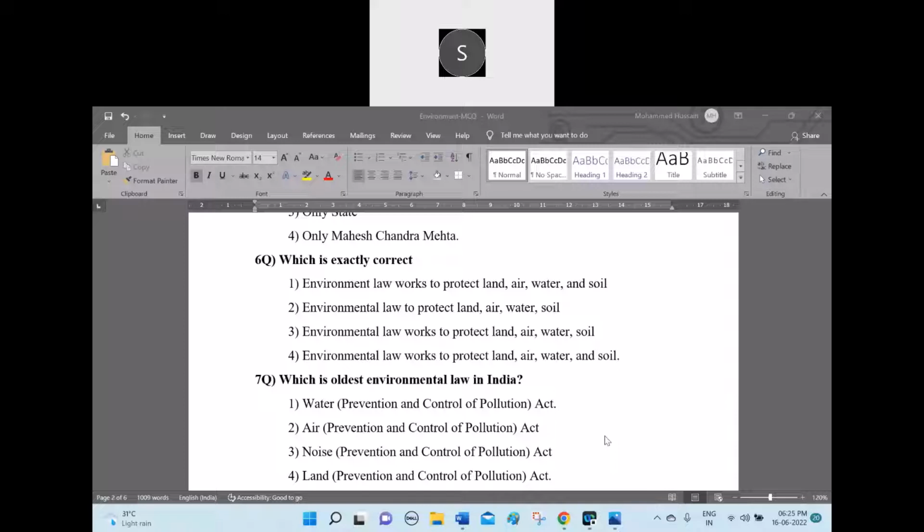Third option, noise, Prevention and Control of Pollution Act. Fourth, land, Prevention and Control of Pollution Act. Which is oldest? Oldest environmental law means the first environmental law act.